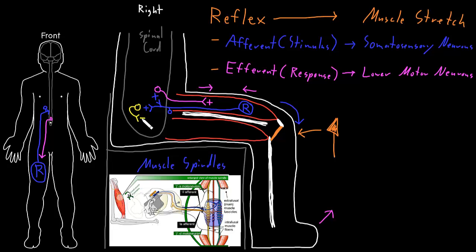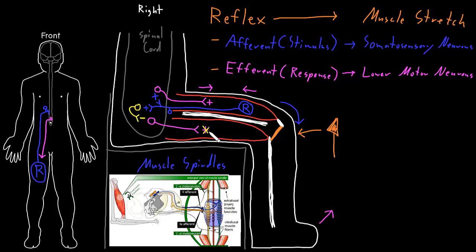So I'll draw a little minus sign to represent that they're inhibitory. And what they inhibit are lower motor neurons to the muscles on the opposite side. So these lower motor neurons would normally be exciting the muscles here in the back of the thigh that would cause the knee to bend. But when they're being inhibited by this other neuron, these lower motor neurons aren't exciting that muscle in the back of the thigh, so it relaxes.